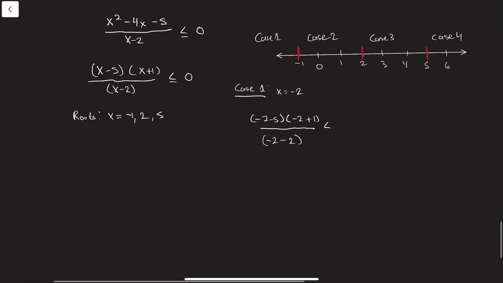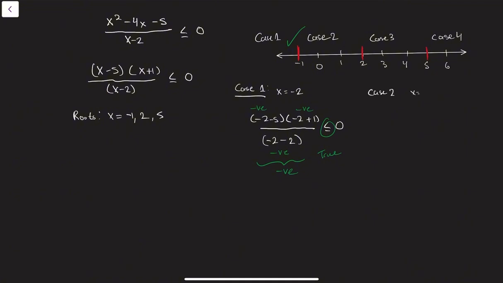It's going to be less than or equal to 0. So it turns out that this is negative, this is negative, that's negative. A negative multiplied by a negative gives you a positive, divided by a negative. It's a negative. So in total, a negative value, and that's always going to be less than or equal to 0. True. Case 1 is good.